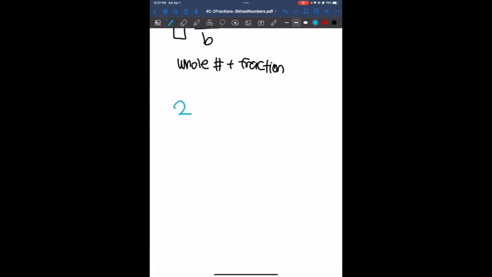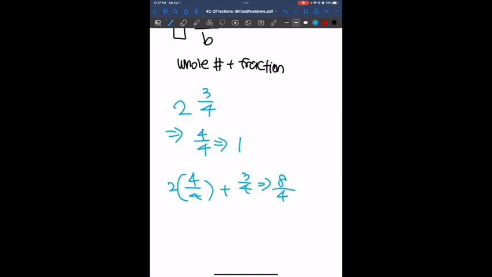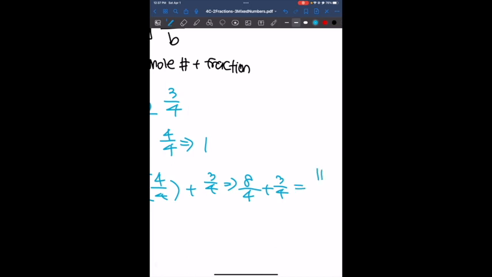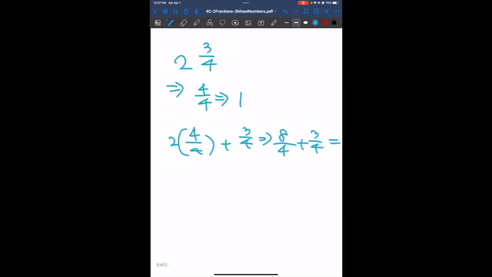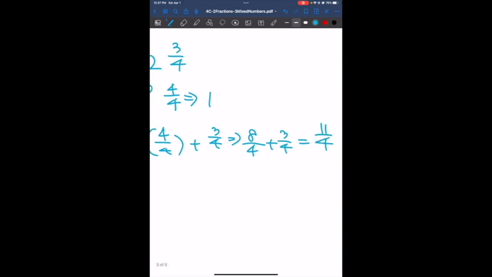If we have 2 and 3 over 4, this indicates that it has 2 wholes. And we know that one whole is 4 over 4 because 4 over 4 is 1. So that means we have 2 of 4 over 4, and we have a 3 over 4. And so that is going to translate to 8 over 4 plus 3 over 4, which is going to be 11 over 4.